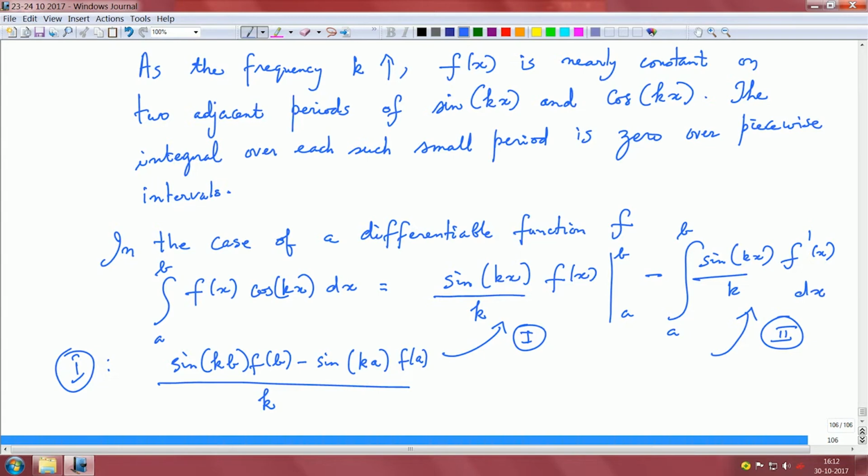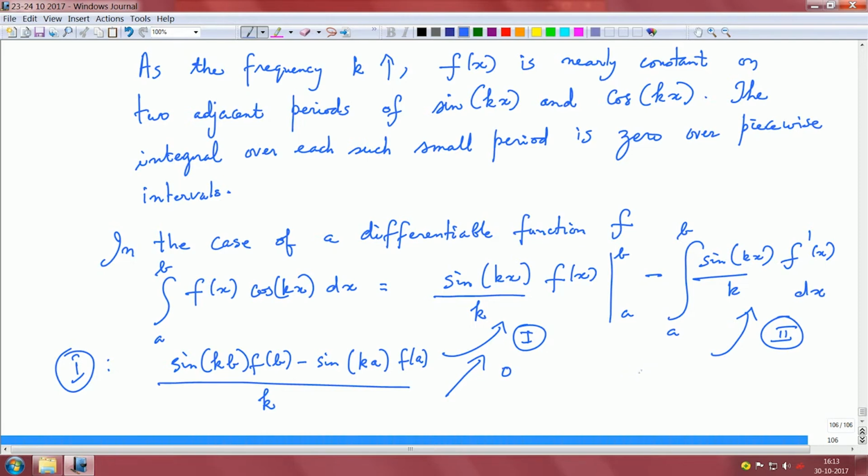Now f of x is nearly constant and therefore the sine is a bounded function, so this heads to 0, this heads to 0.